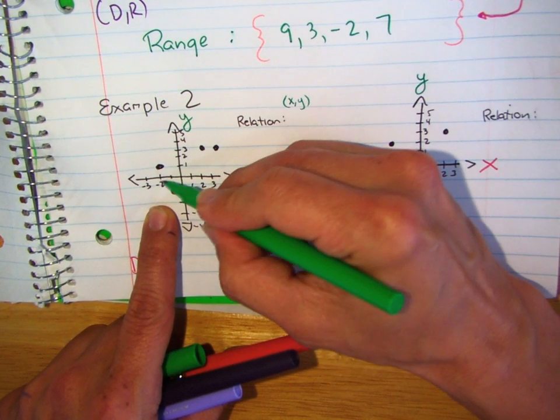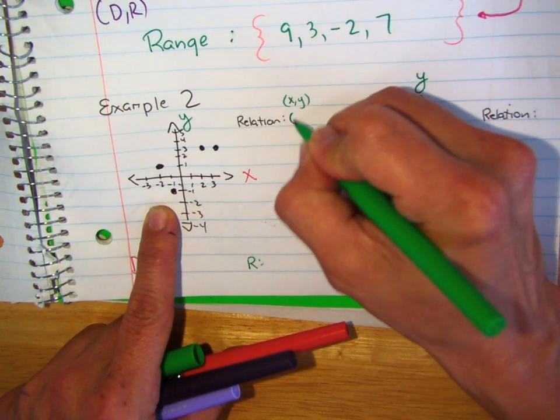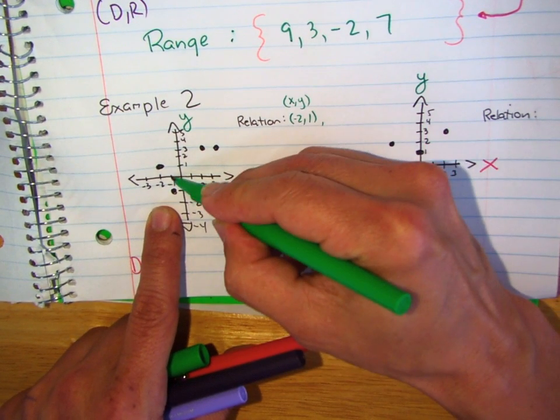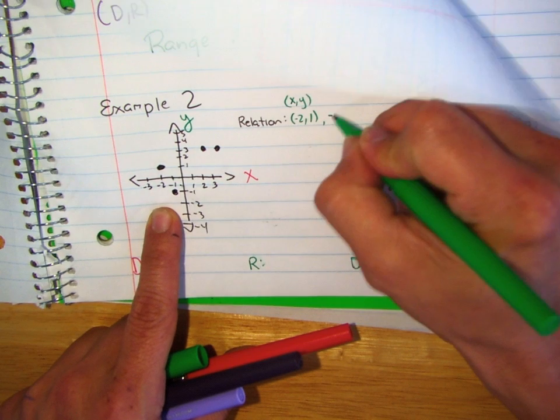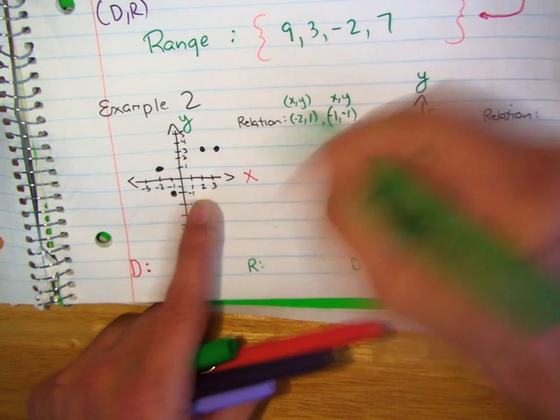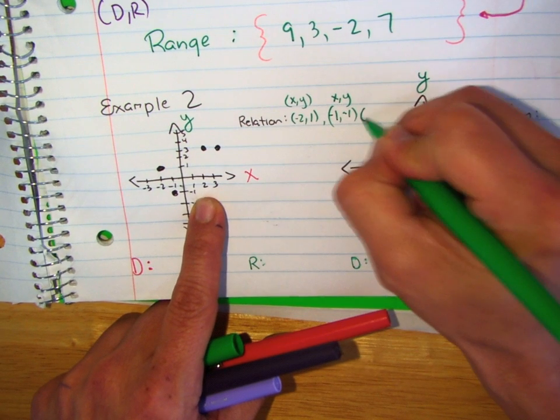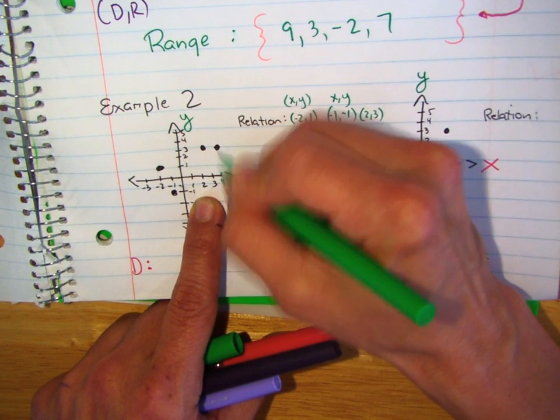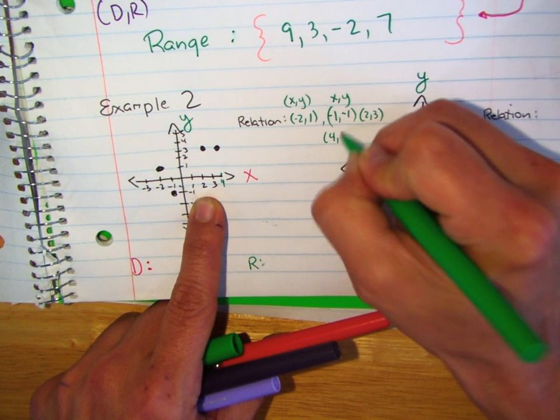So the first one, I could put -2 comma 1. The second one, I could put -1 comma -1, right? And so forth. The next one's going to be 2 comma 3. And the last one, this one's 4 comma 3.